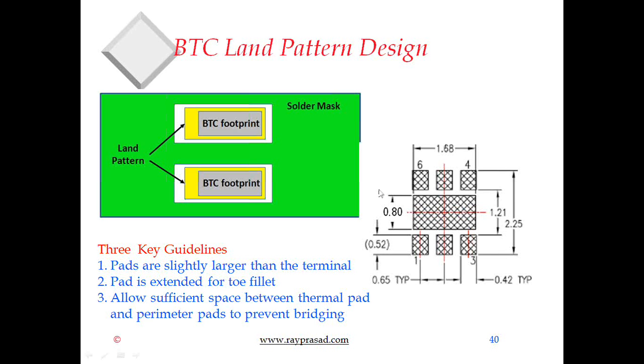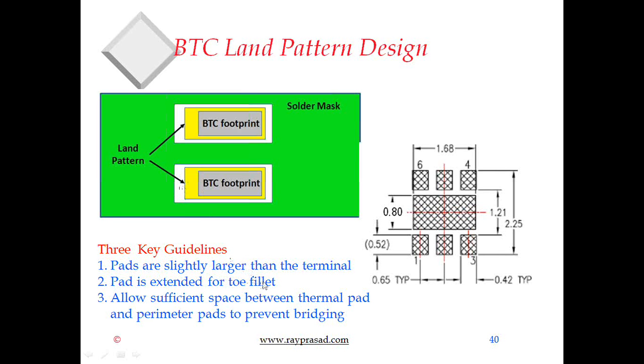If there was another pad behind it, like where this arrow is, if there was a 2-row BTC, then providing this extension is really a waste of space, because when it's hidden underneath, this pad extension is not necessary. So you could just make it a little bit bigger all around for the inner rows. For the outer rows, you should provide an extension so you can get a fillet.